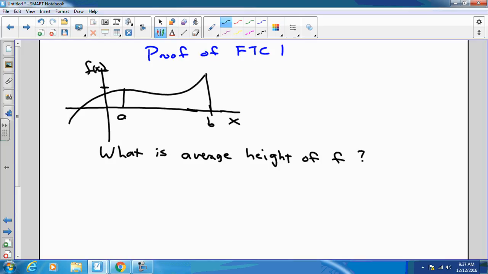And I want to observe that this question makes sense because of all the different values for f of x that we have, from f min to f max. So f min is down here, and f max is equal to f of b in this case, because f of b is the max.